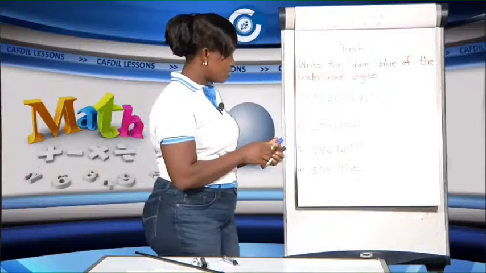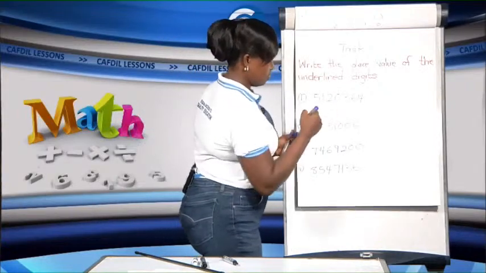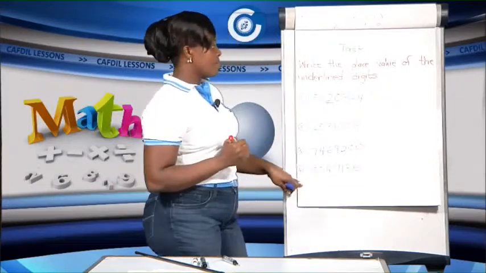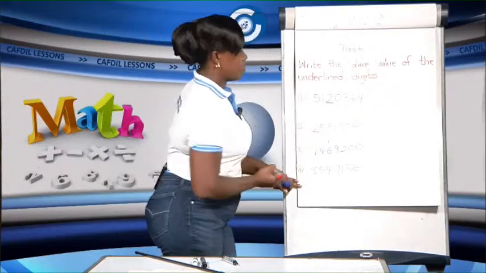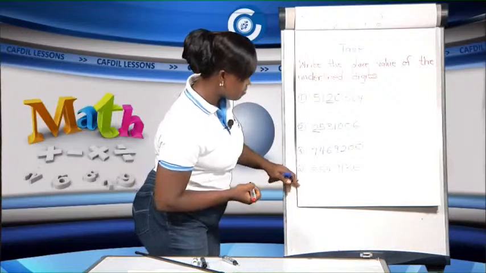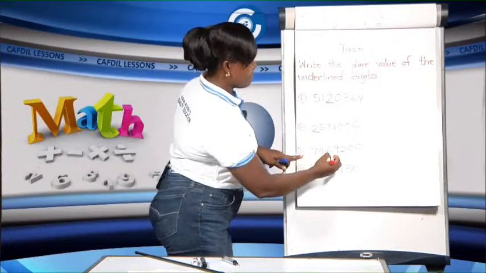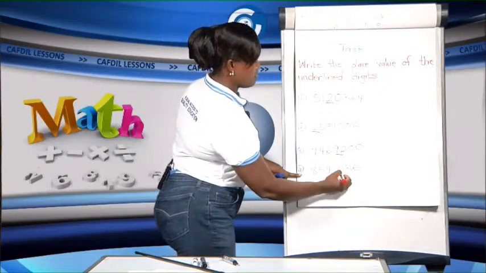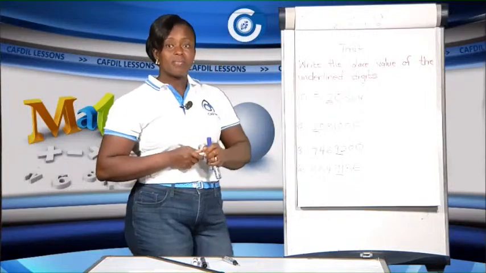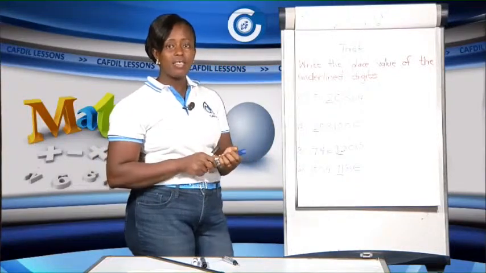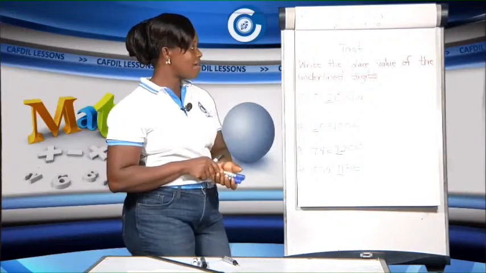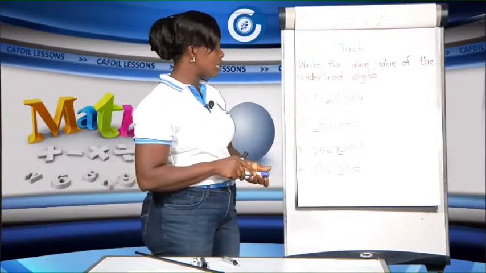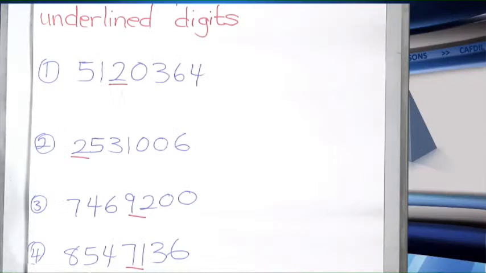The first one, you have numbers. I have underlined some of the digits. You are going to write the place value of the underlined digits. Quickly copy it into your books and then you do it for me when you are done.